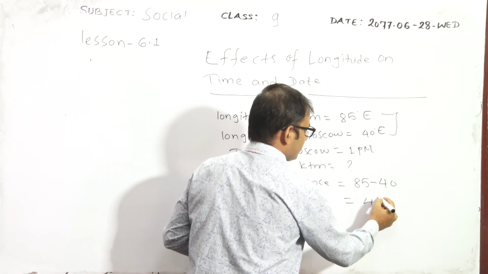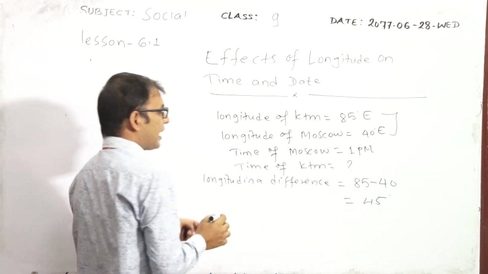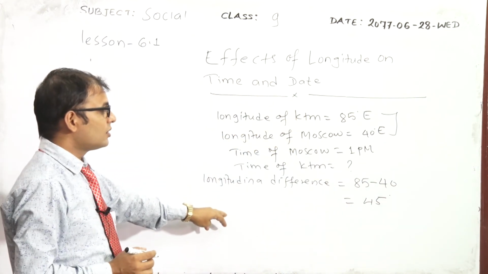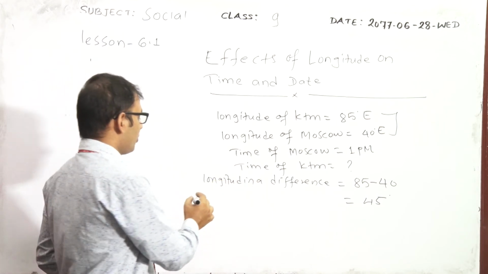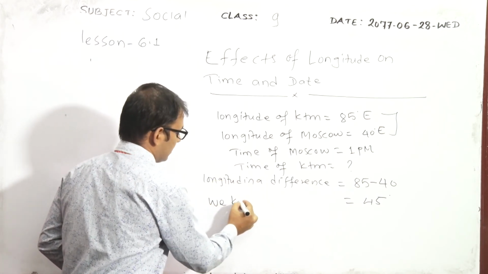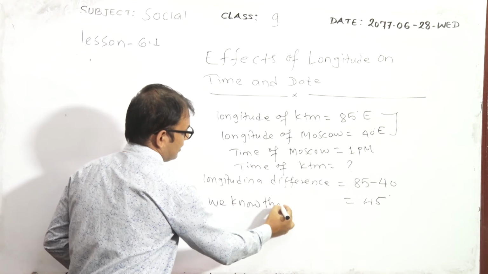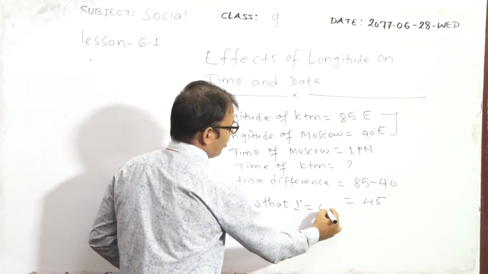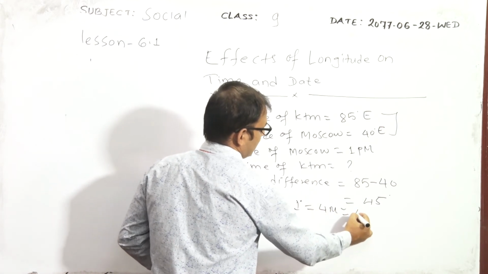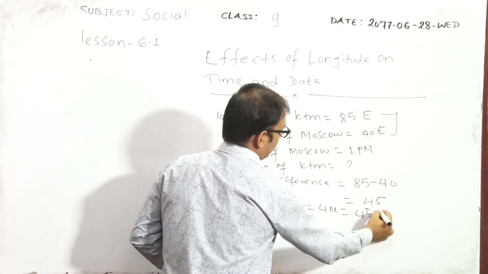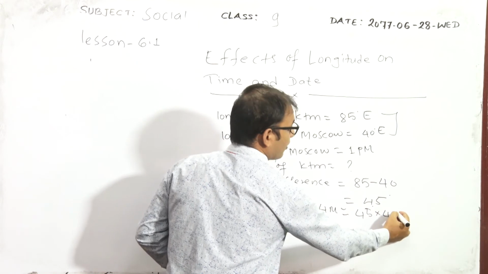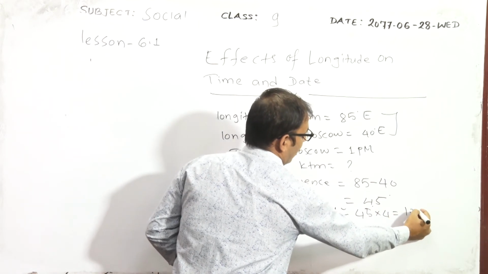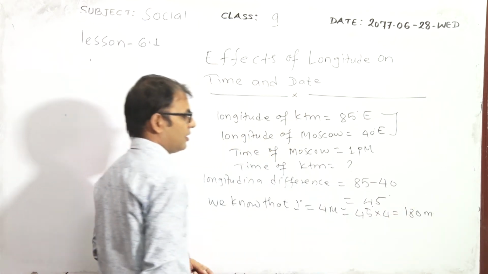45 degrees. Then we have to convert that into minutes, because we know that 1 degree of longitude is equal to 4 minutes. It means 45 degrees is equal to 45 into 4, then it becomes 180 minutes. Okay?